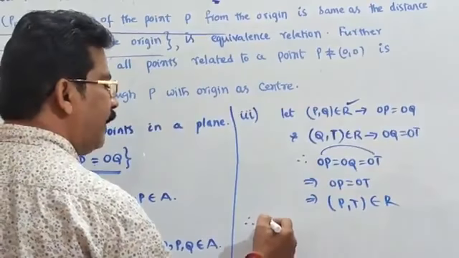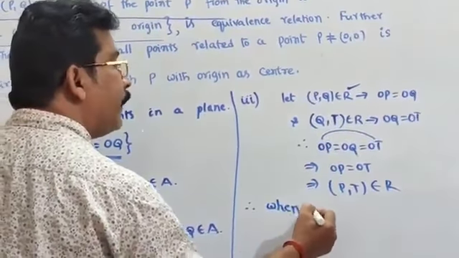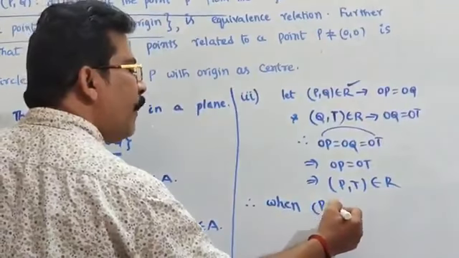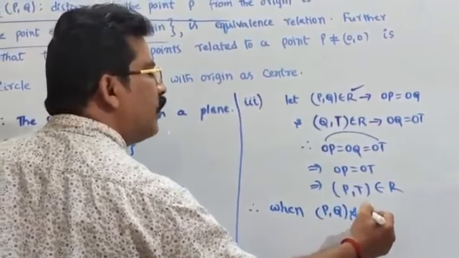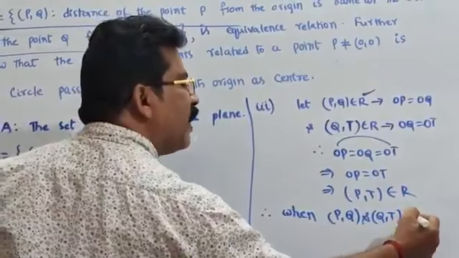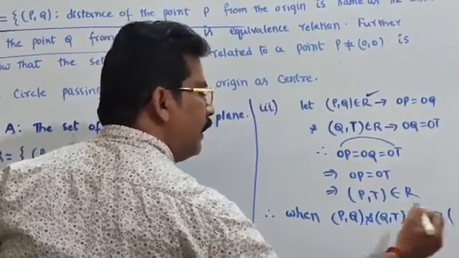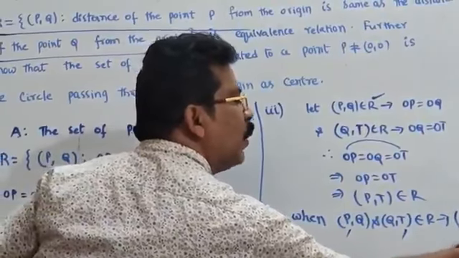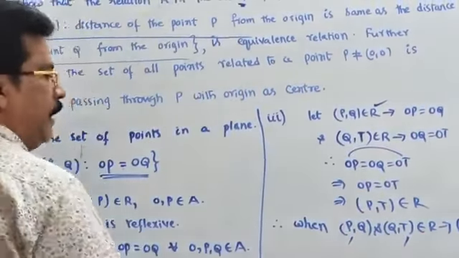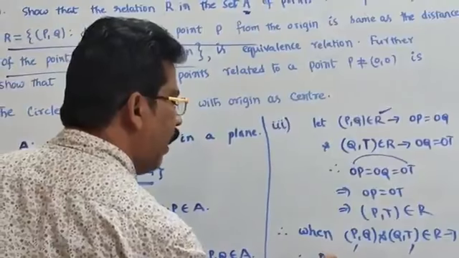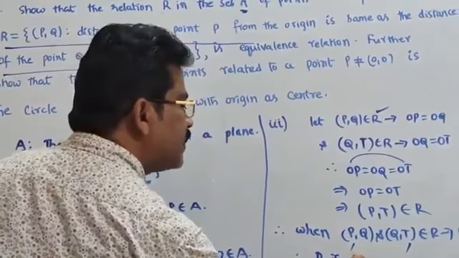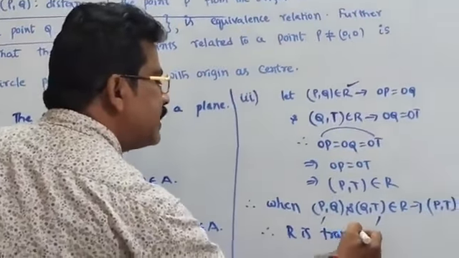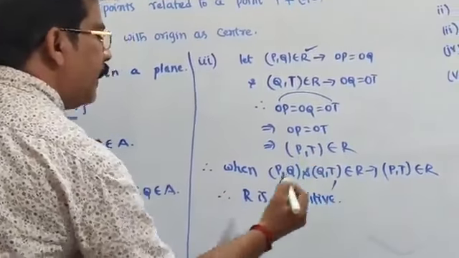Therefore, whenever (P, Q) and (Q, T) belong to capital R, then (P, T) also belongs to capital R. Therefore, clearly capital R is transitive.